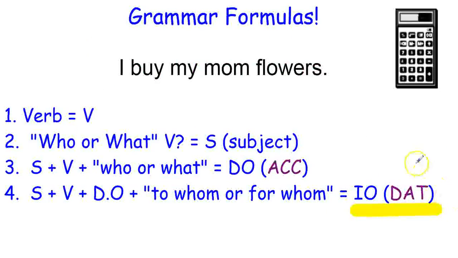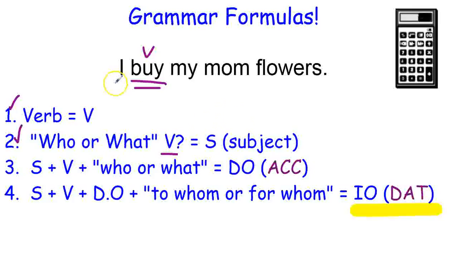So, think about what I just verbalized. That's sort of my grammar formula for figuring out the cases. So if we have a sentence, I buy my mom flowers, the first thing I do is I look for the verb. So, buy. Then I ask myself, who or what? And then I plug in the word buy. Who or what buy?